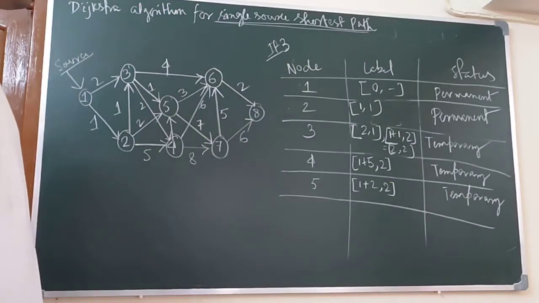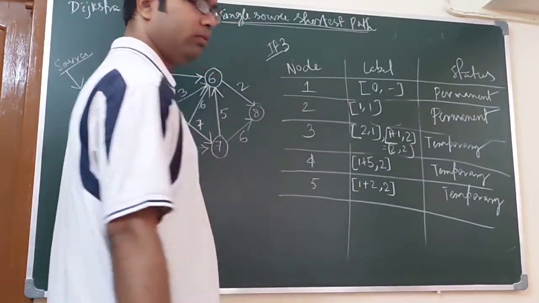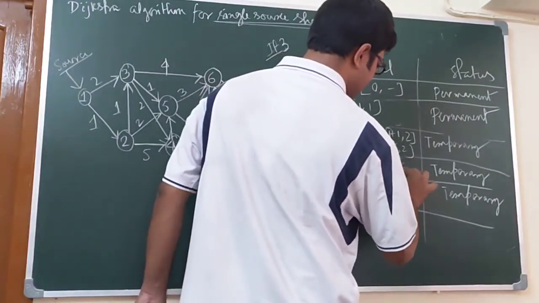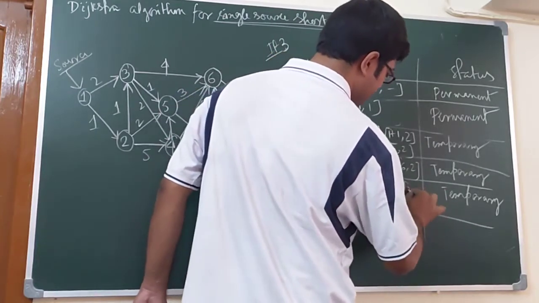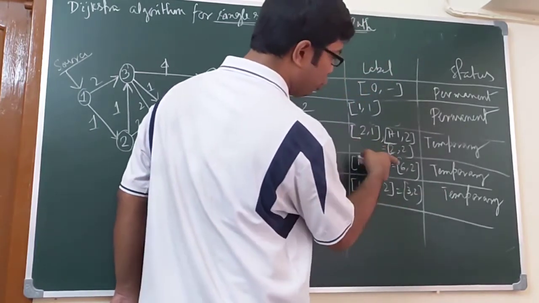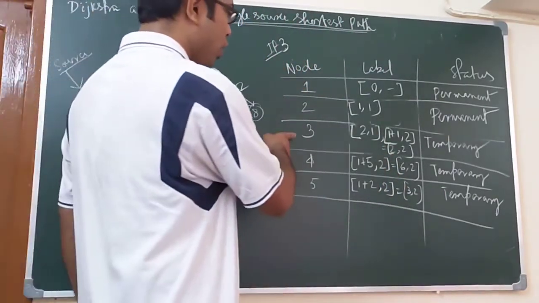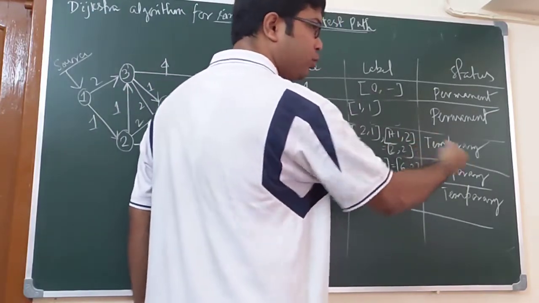Among these 3 nodes, node 3 has the minimum level value, that is 2. Node 4, the level value is 6, 2, and node 5, the level value is 3, 2. So 2, 6, 3. So minimum is 2. That's why we have to make the status of node 3 from temporary to permanent.